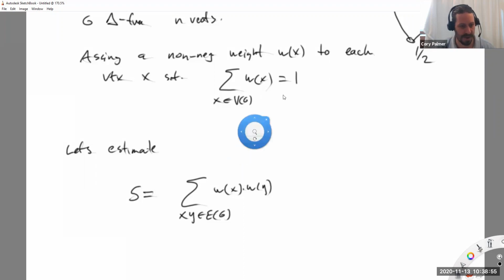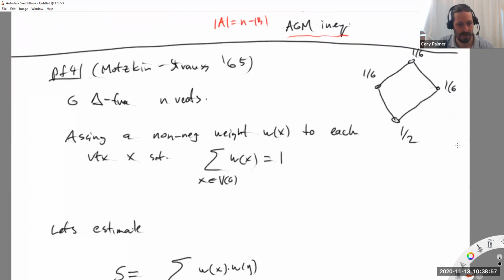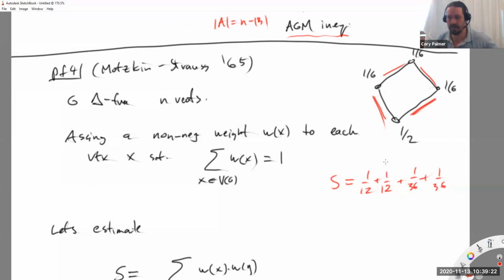For this example, what would you get? On this edge you get 1/12, then another 1/12, then a 1/36, and then a 1/36. That's the value of S for this graph with this specific assignment of weights. It's kind of an arcane function, but it's well defined.